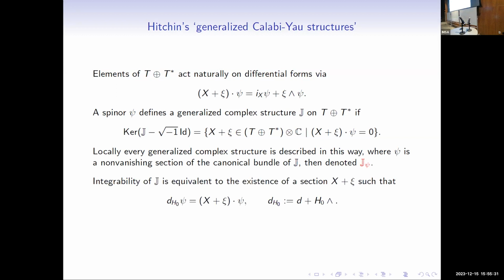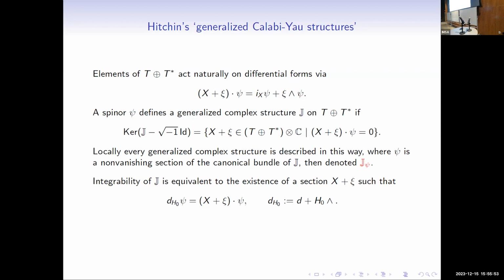The integrability condition for J, if it is expressed in terms of some spinor psi, is equivalent to the existence of a section x plus c such that if you take this twisted exterior derivative, d_H psi should just be the action of this section on psi.